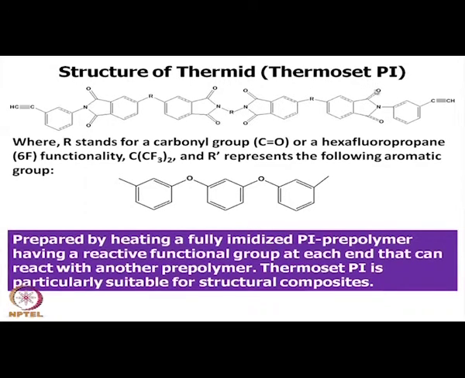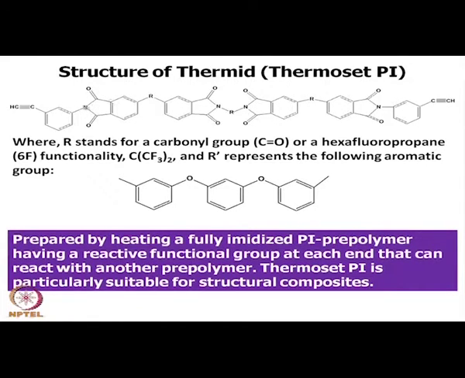That polyimide can be made if some reactive group, like an acetylene group or maleimide group, is present at the chain end of the polymer, that leads to cross-linking or further linkage of this polymer to form a thermoset structure.